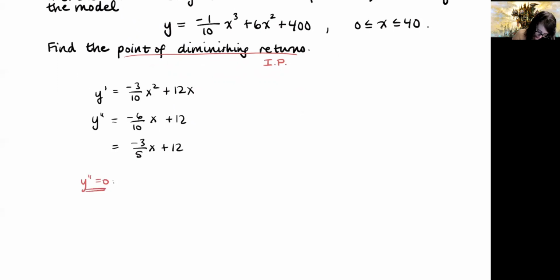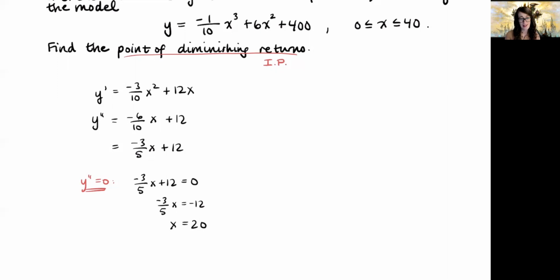So if we do -3/5 x plus 12 equals 0 and solve for x, we'll do -3/5 x equals -12. We'll multiply by -5/3. -12 times -5/3 is +20.